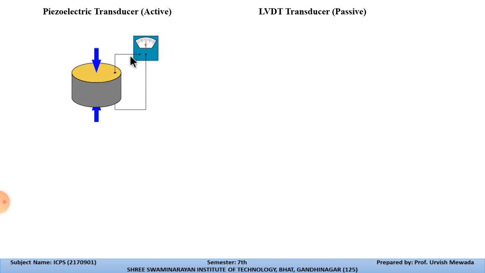While we compress, the voltage increases, and when it returns to its original position after compression, the voltage is reduced. So as we apply mechanical pressure, it is converted into an electrical signal. This is the type of active transducer. It does not require any electrical input signal for actuation.